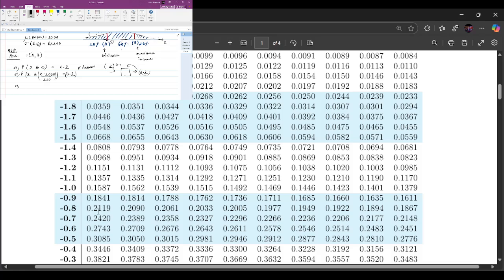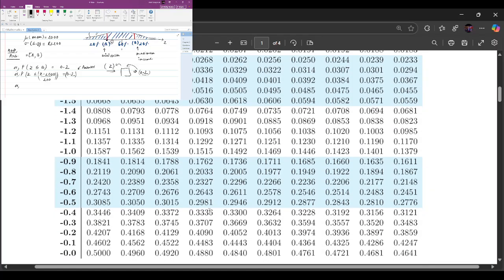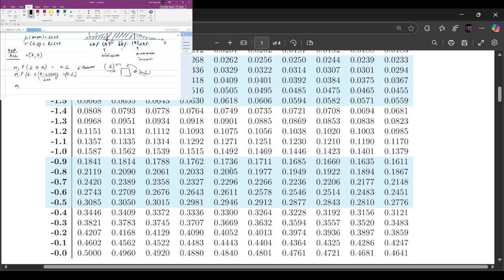Is there any other close value? Sorry, we want to find 0.2, not 0.02, alright? So we look for 0.2 and source it in this Z table. I think here it is 0.2005.